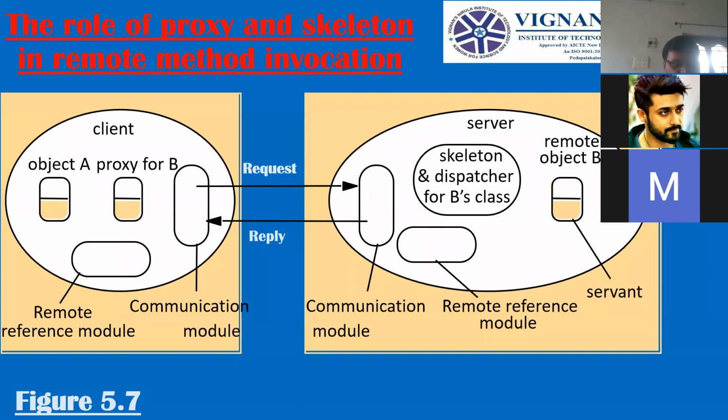So RMI software contains skeleton, dispatcher, and proxy. These are the three components which RMI contains.